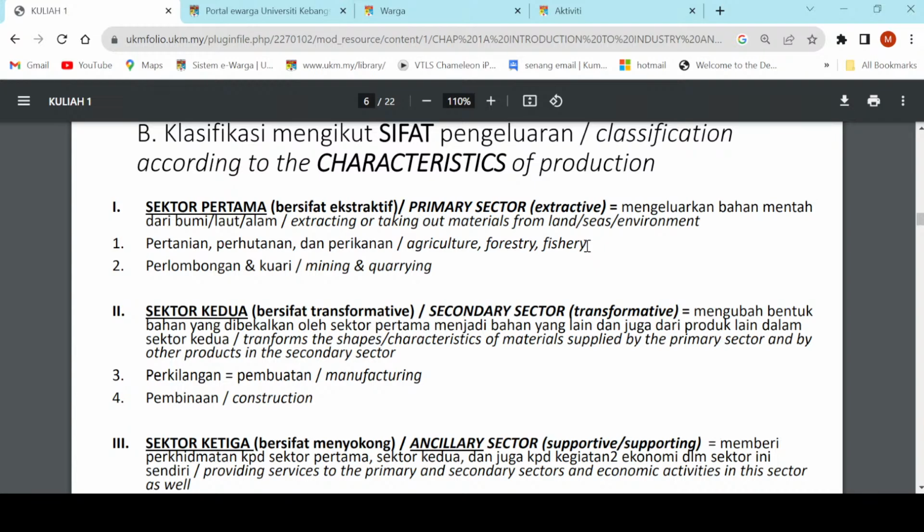So backward linkages. Construction as well, using materials: wood, metals, cement, bricks. The more building using bricks, the more soil will be used from the primary sector, and also all other materials like nails, which come from metal mining.